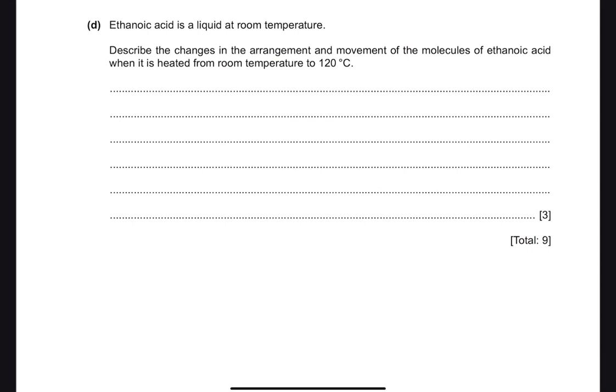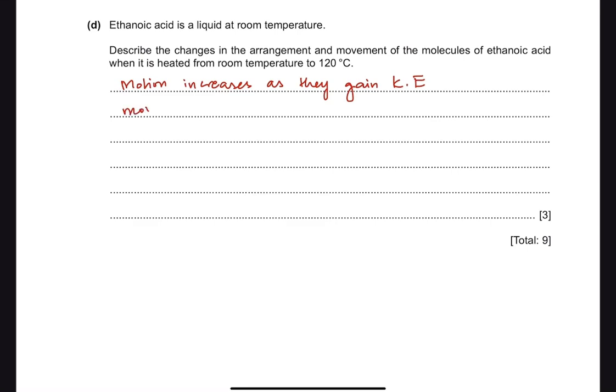So we'll have to mention that it is changing from liquid to gas, right? So molecules will gain kinetic energy, they will gain the heat energy as the temperature increases, and they begin to move faster. So their motion increases as they gain kinetic energy.